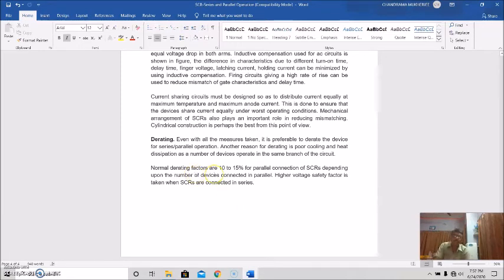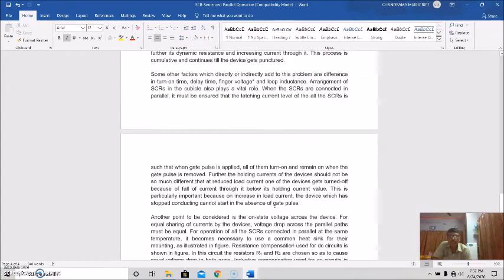So a derating factor of 10 to 15% is preferable for parallel connection of SCRs, depending upon the number of devices connected in parallel, and a higher voltage safety factor is taken when the SCRs are connected in series. So in a nutshell, we have discussed the series and parallel connections of SCRs.